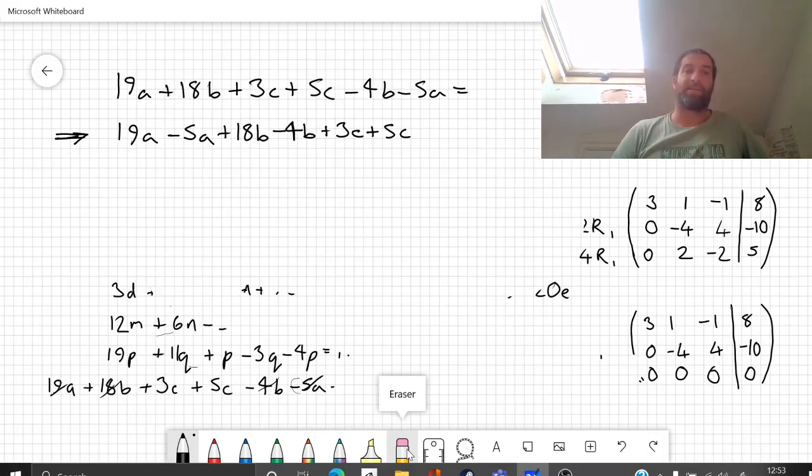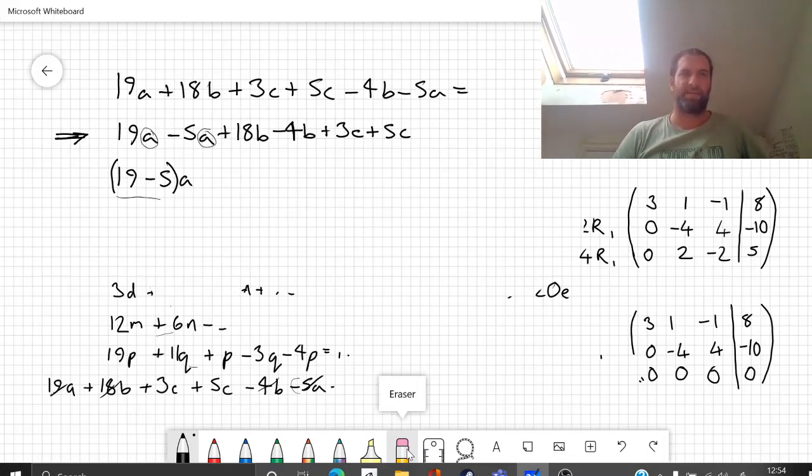So what I like to do is, because they have the same variable here, we can join them, so we put (19 minus 5)a. And then you can work out the number. It just looks a lot simpler for me.